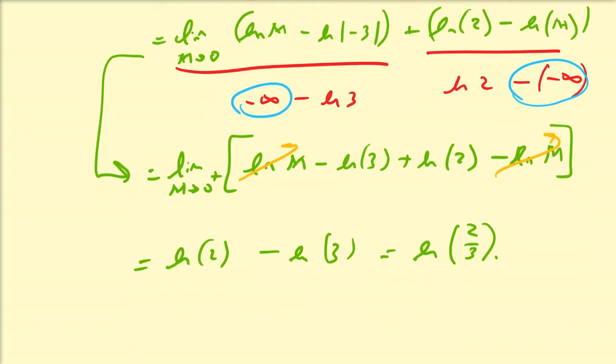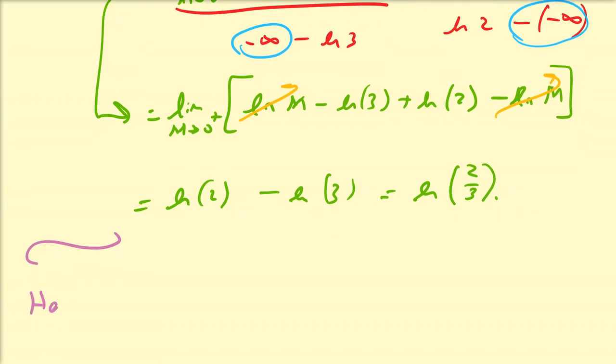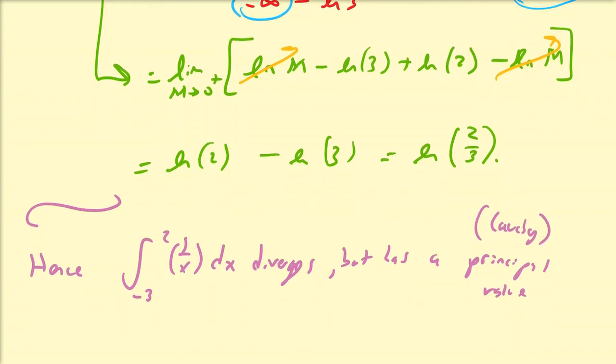So from this, what can we say? We can say the integral from -3 to 2 of 1 over x dx diverges, but has a principal value. Some people will refer to it as a Cauchy principal value.